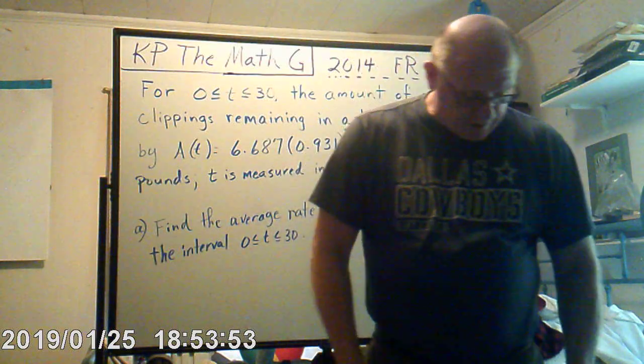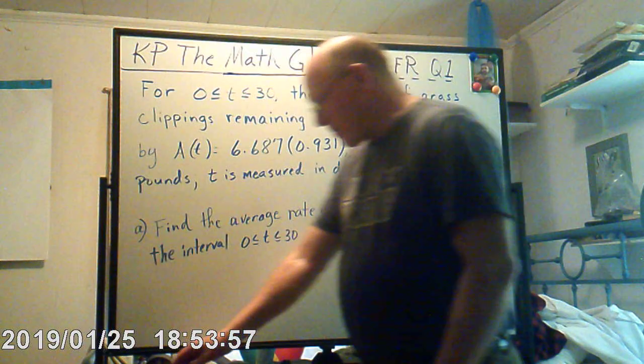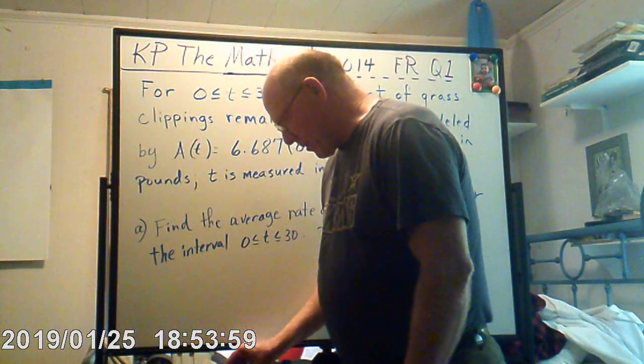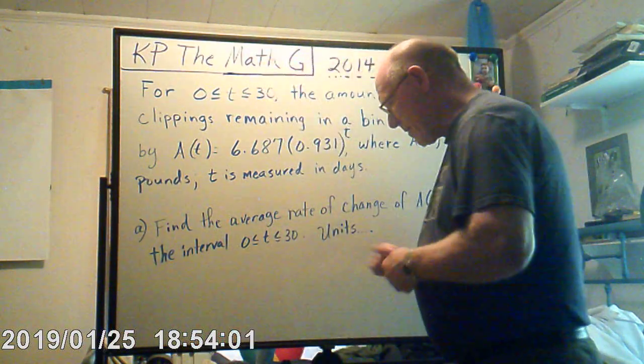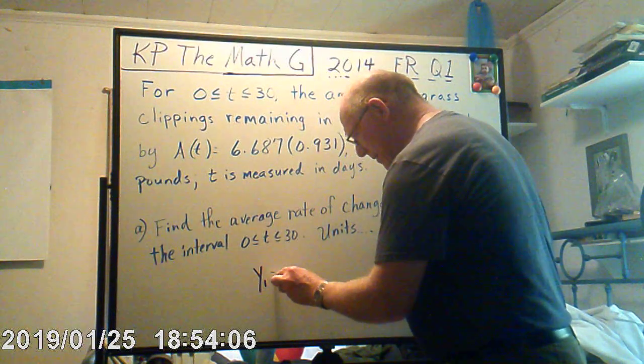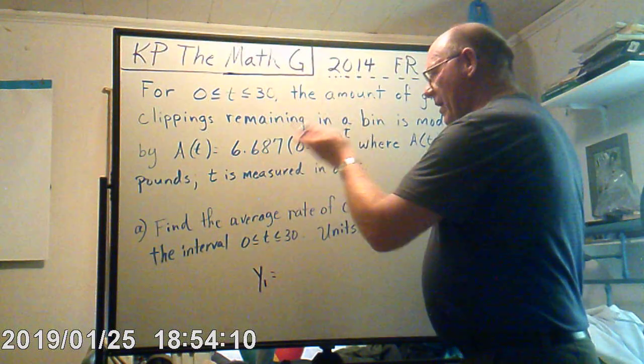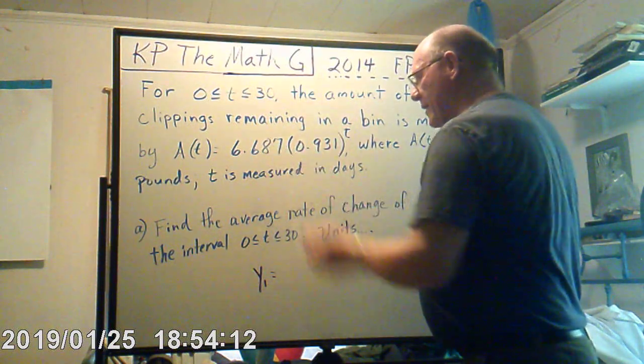I will suggest that if you have a calculator with either Y0 or Y1, whatever begins with whatever, let's say you have Y1 right here, and you have that equals like that. You definitely need to put this A at T in there.